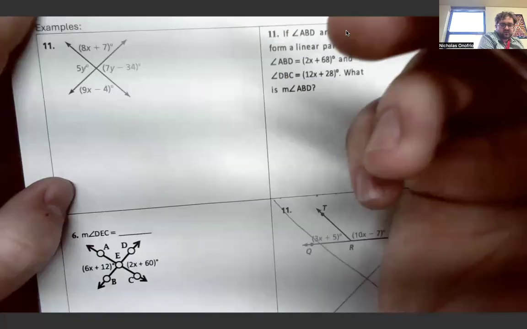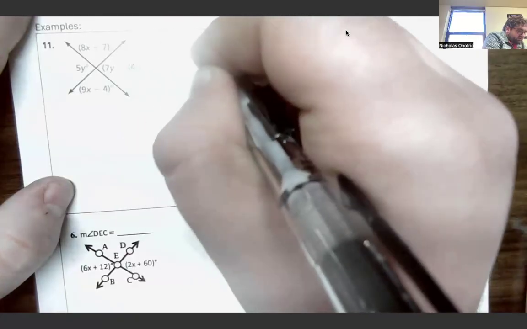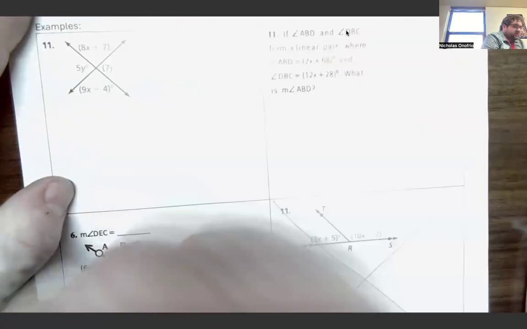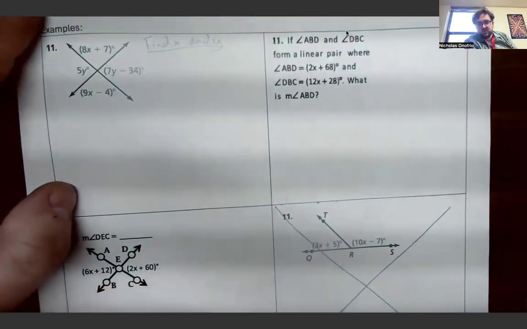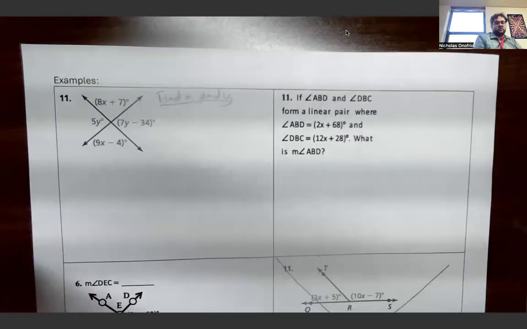Let's look at problem number 11, first 11. We have a whole bunch of angles. We've got some Y's, we got some X's, all that good stuff. Our goal is to find X and Y. The good news is we can do it in whatever order we want.